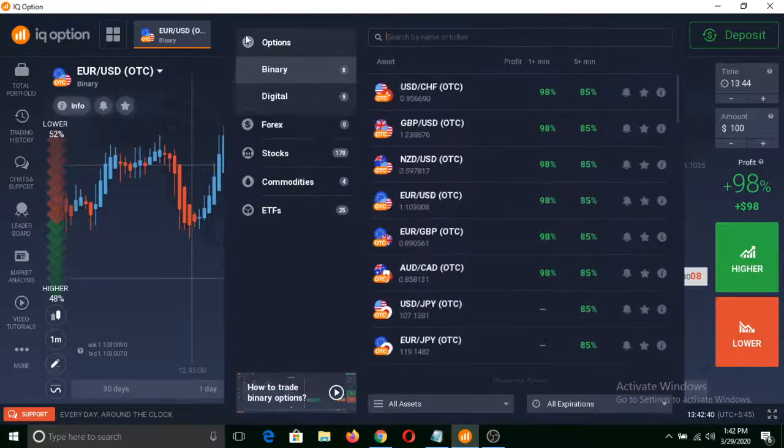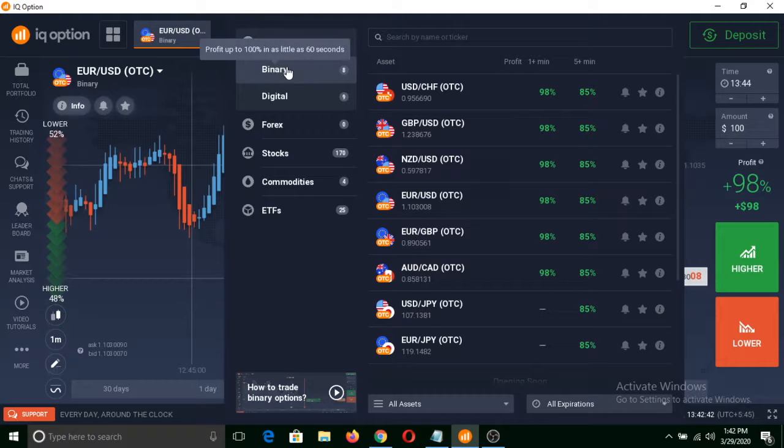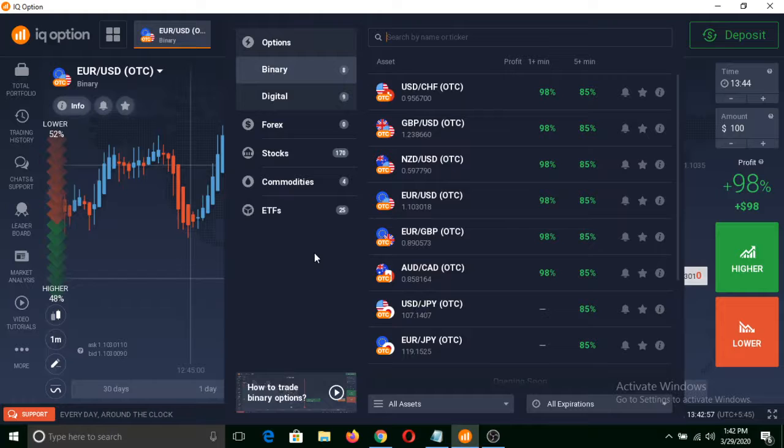You can also trade various assets like binary options, forex, stocks, commodities, ETFs, and one more thing, you can also trade cryptocurrencies if it is legal in your country. Basically in my country cryptocurrencies are not legal, so it is not showing here. So if it is legal in your country, then you can trade from here.